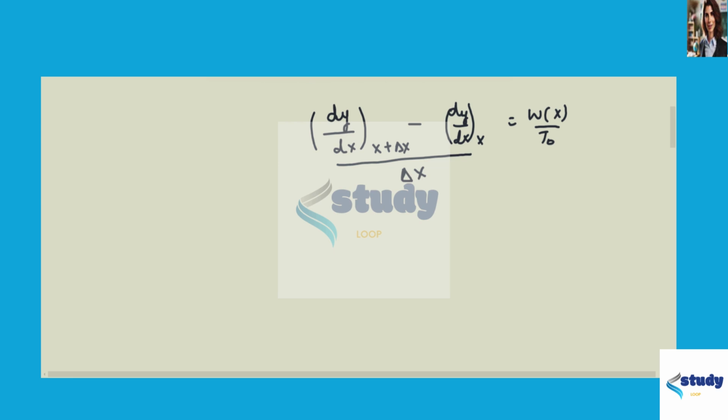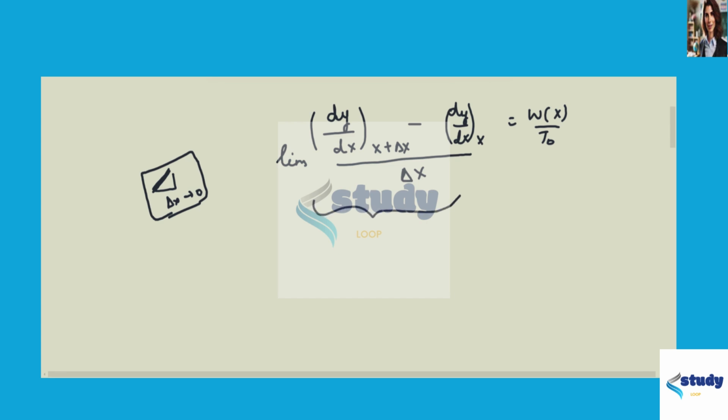So according to the rules of differentiation, we know that if we take the elemental segment and we take this delta x tending to 0, then it will just give the instantaneous values of y with respect to x.